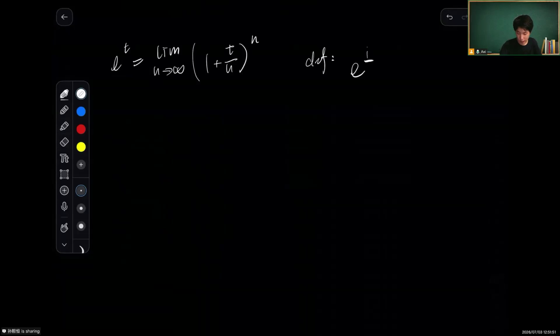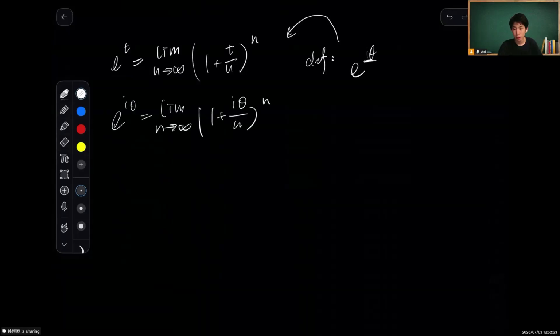Just anything as its exponent is going to be defined like this. This solves the difficulty of raising something to an imaginary or complex exponent. And then we just have to plug it in, which looks like this.